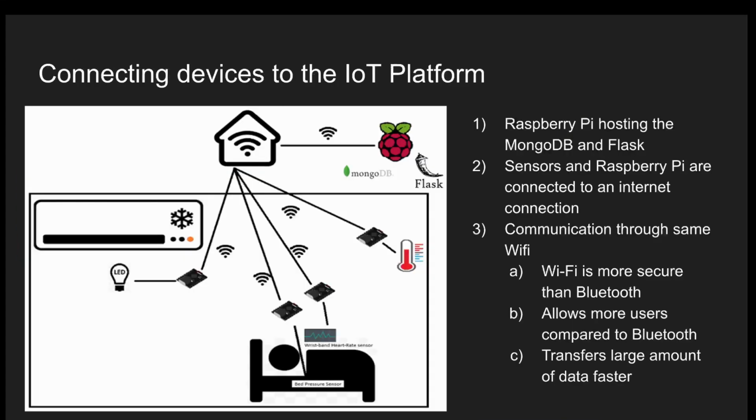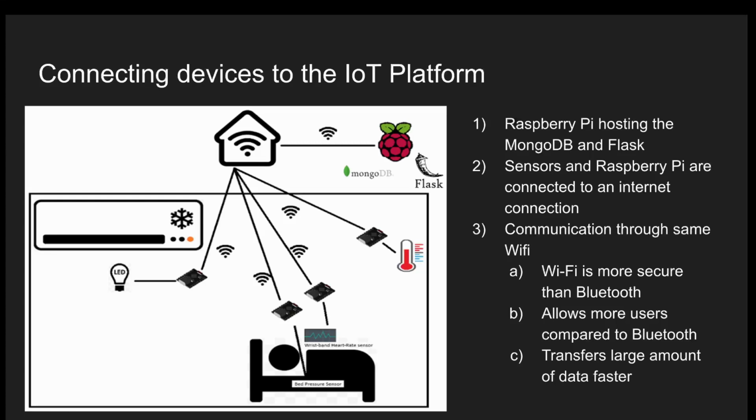The Raspberry Pi is hosting the MongoDB and the Flask. All these sensors are connected to the same Wi-Fi, and we send the data using an API call into the MongoDB database. And from the MongoDB database, we display on the dashboard at Flask.